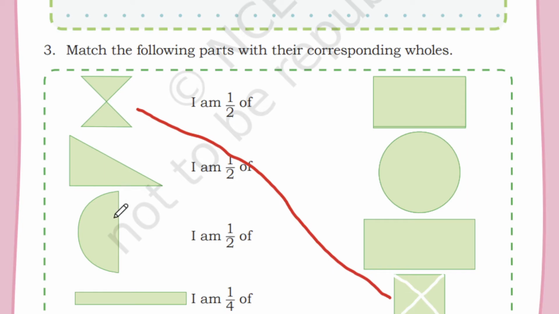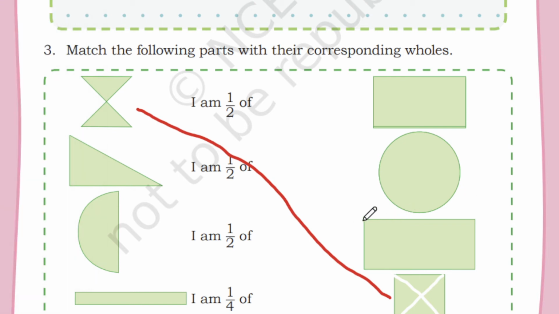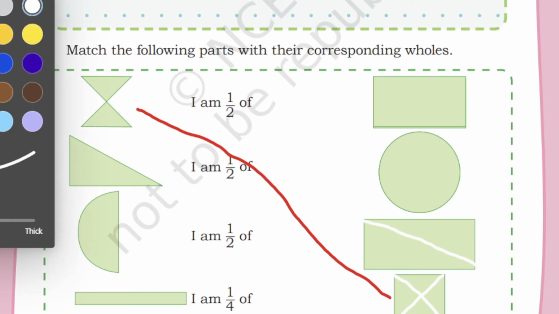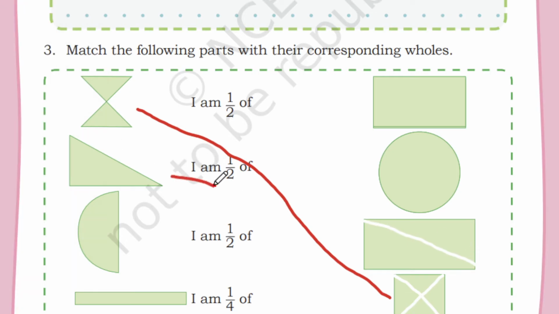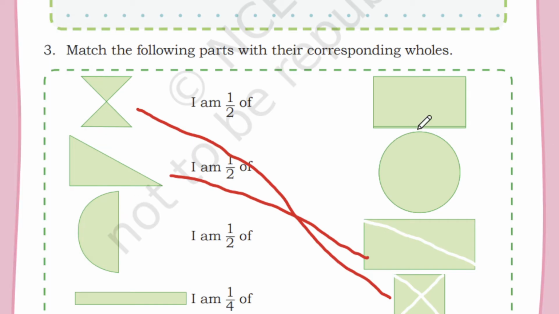Next, this one, again white color. So I'm just cutting this into half. Easy question, students. Then we have a circle. I'm just cutting the circle into two halves.